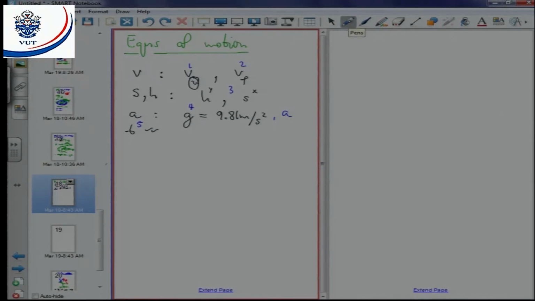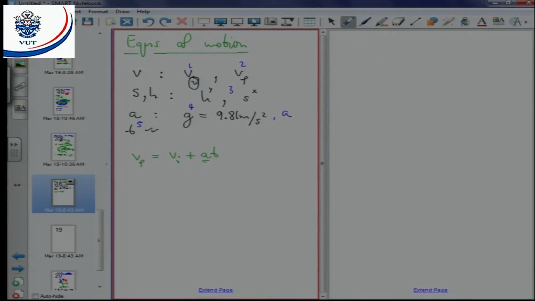The equations of motion are the following. We've got Vf equals Vi plus at, and remember that a can be substituted for g when we have a free falling body or any motion under the influence of gravity only.